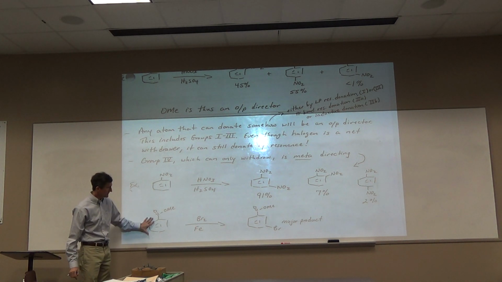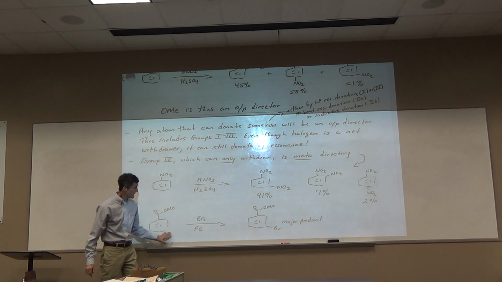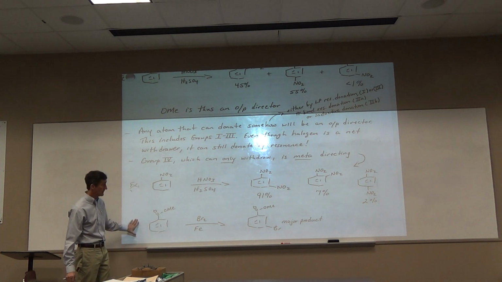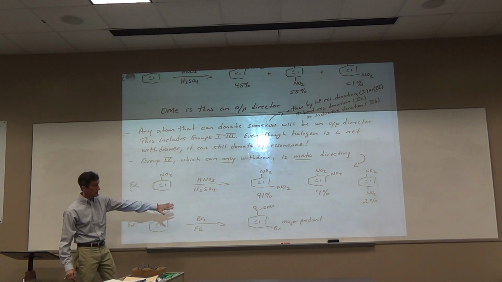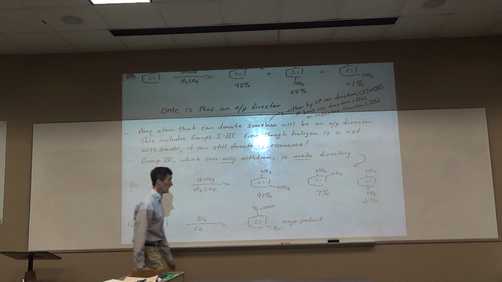What about this here? What group is this? Group 4. What type of director? Ortho-para or meta? Meta. If you brominate this with bromine and maybe an iron precatalyst, the major product is going to be the meta-bromo product. All right?